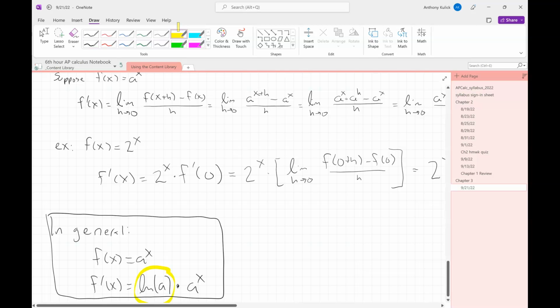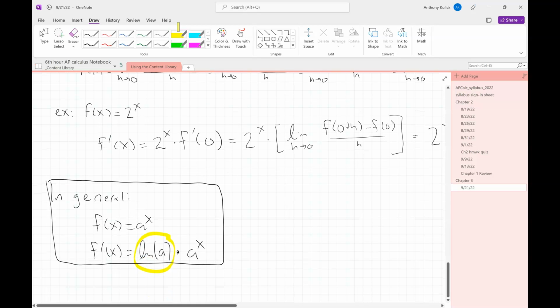Do I have to worry about this piece? I can't take the natural log of anything, can I? It's got to be positive. Nope, can't do 0 either. Is that okay? Yeah, because a is the base of an exponential, right? So what values is a allowed to have? Greater than 0, not equal to 1.